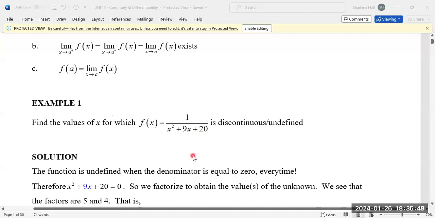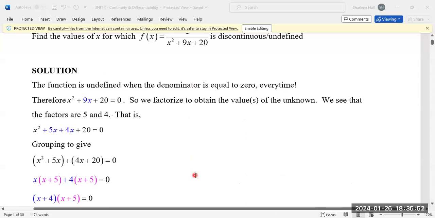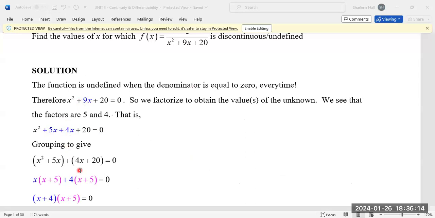So I am going to be breaking up this 9x here into two terms, 5x and 4x. Then I'm going to be grouping. That's one of the reasons I broke it up. Because if I'm factorizing by grouping, I can't have equal numbers of factors with 3 terms.